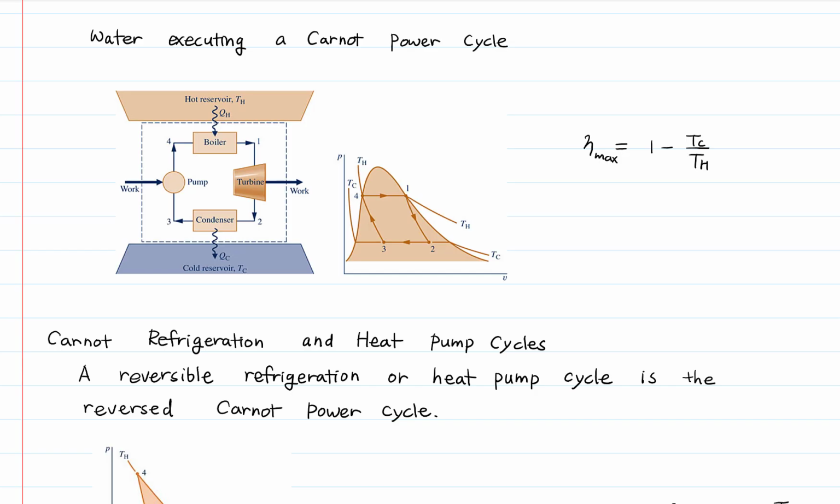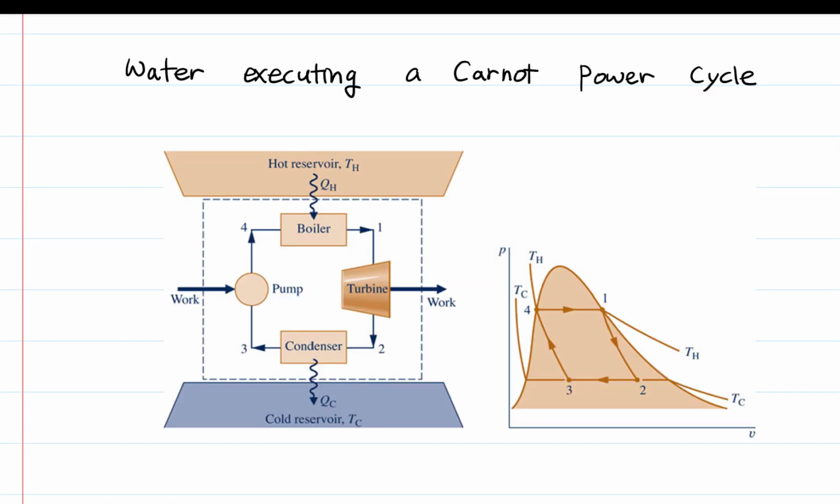We can apply the Carnot cycle to an open system. The Carnot cycle may consist of several components, as illustrated here: pump, boiler, turbine, and condenser. It also undergoes 4 reversible processes.